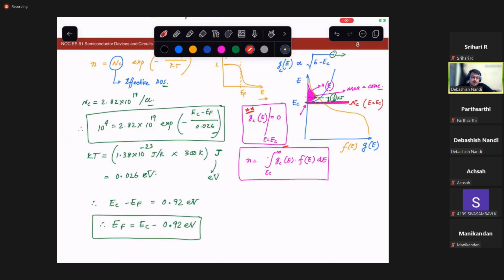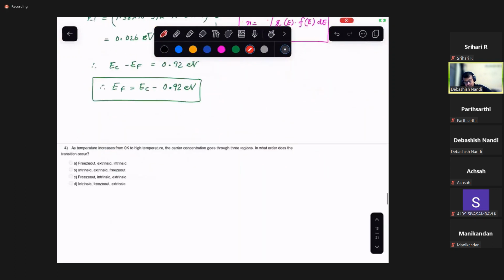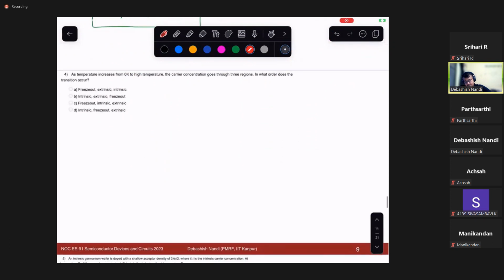Remember, it is 0. And similarly, the electron concentration at the conduction band edge is also 0. But for our mathematical convention, we consider this term. I think you have understood it, so let's move on to the next problem.